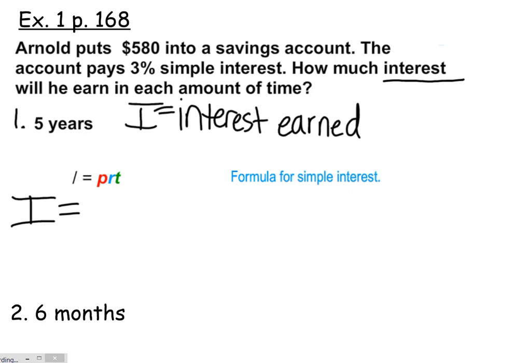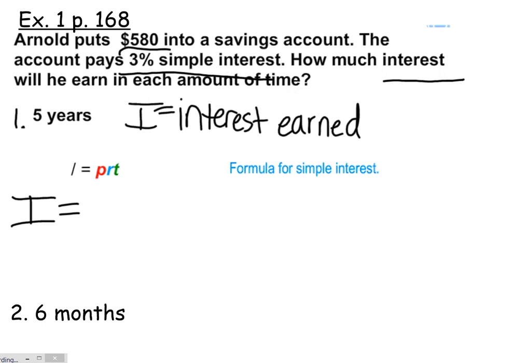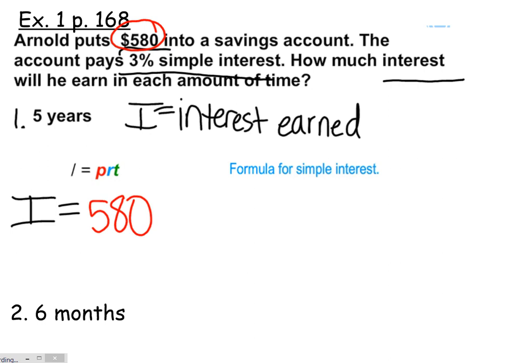Because he's putting his money in the bank, the bank will pay him 3% simple interest because he put $580 into the bank. So the principal that he started with is $580 times the interest rate, and the rate is 3%, but remember 3% as a decimal. 3% is 3 per 100. 3 divided by 100 is 0.03.